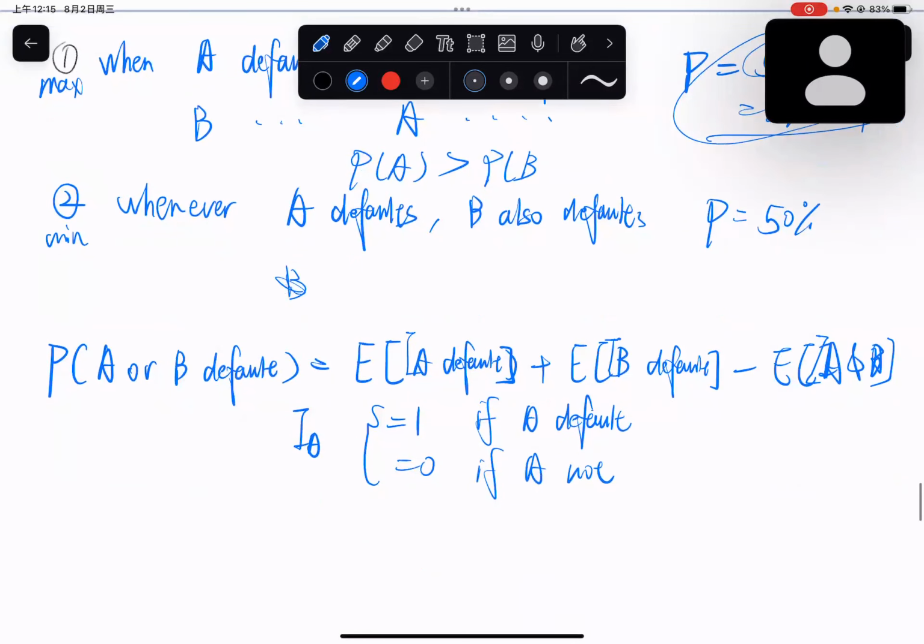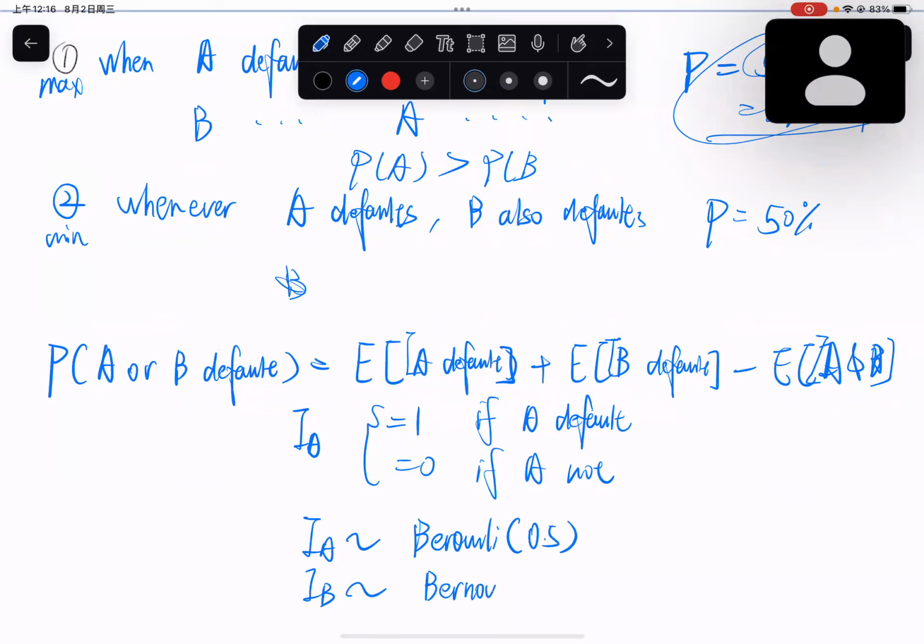And this I_A follows what? It follows a Bernoulli distribution with the probability for A, 50%, right? 0.5. And I_B follows again a Bernoulli distribution with 0.3.